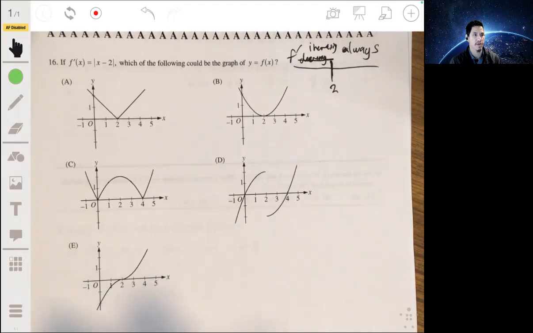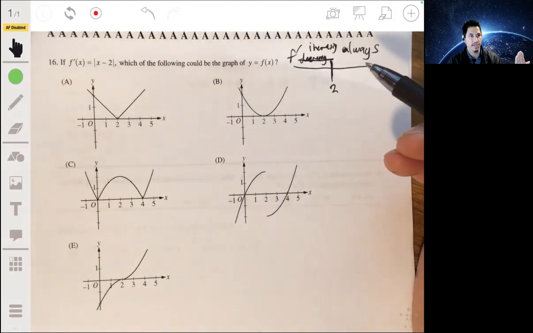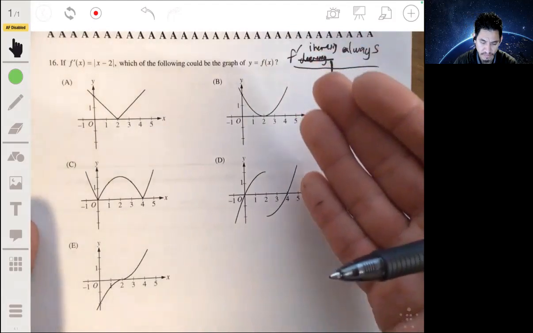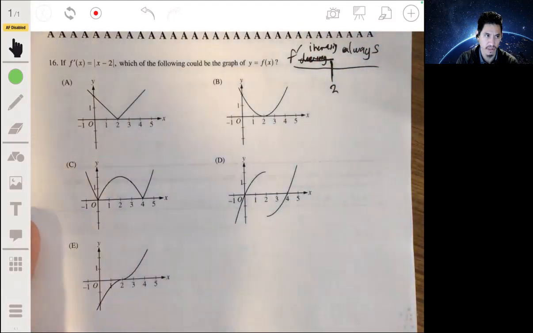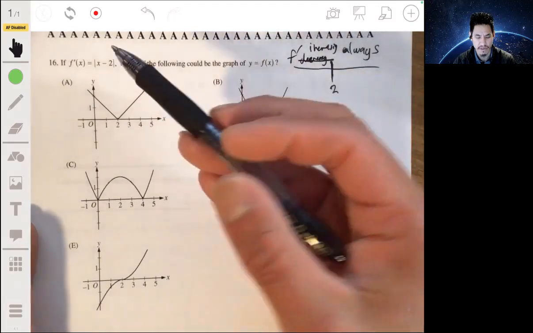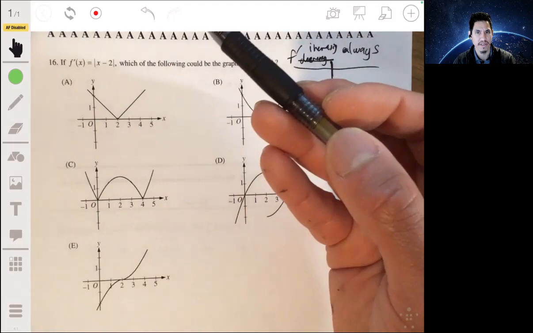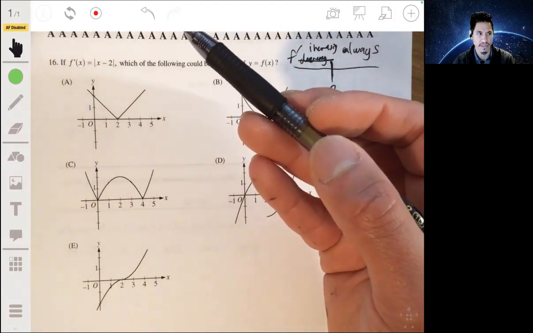So if f prime is always increasing, that means f is increasing. Or f is getting larger and larger. I don't know if I said that wrong. So this is always positive. So yes, the function f is always increasing.